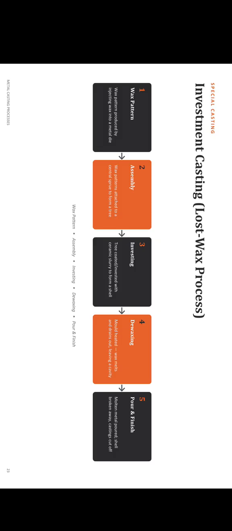Investing: the tree is coated in investment ceramic slurry to form a shell. Dewaxing: the mold is heated so the wax melts and drains out, leaving a cavity. Pour and finish: molten metal is poured into the shell, the shell is broken away, and the castings are cut off.